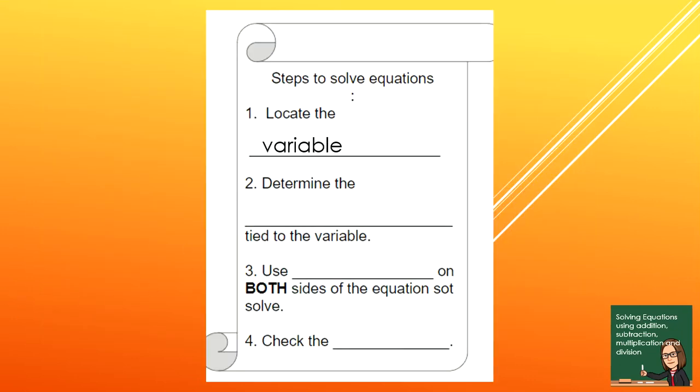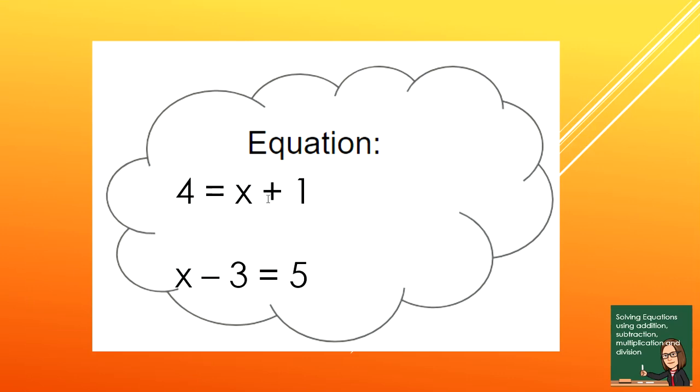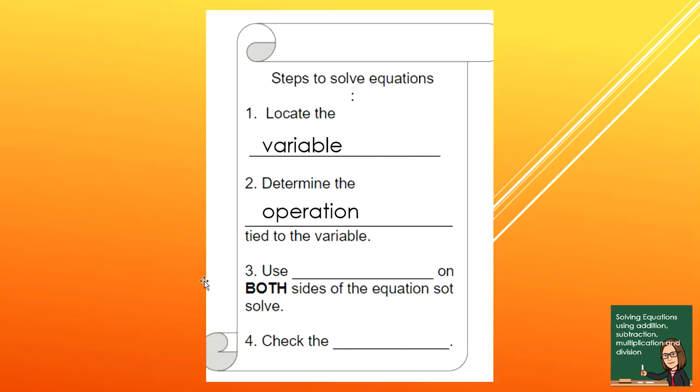Once you locate the variable, you're going to determine the operation tied to the variable. So if you look at the examples I had before, the operation is addition for the first one, and the operation for this one is subtraction. So figure out what is the operation that is tied to that variable. And then use the inverse operation on both sides. That's very important, the both sides.